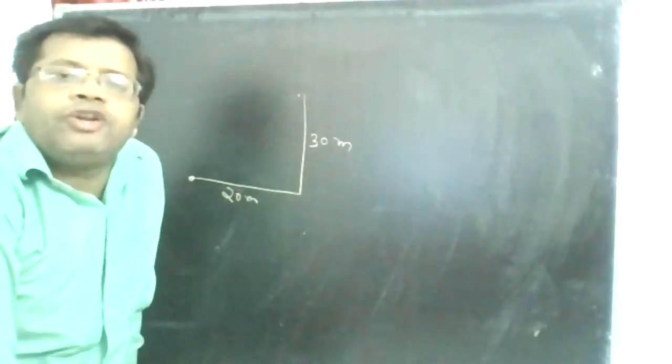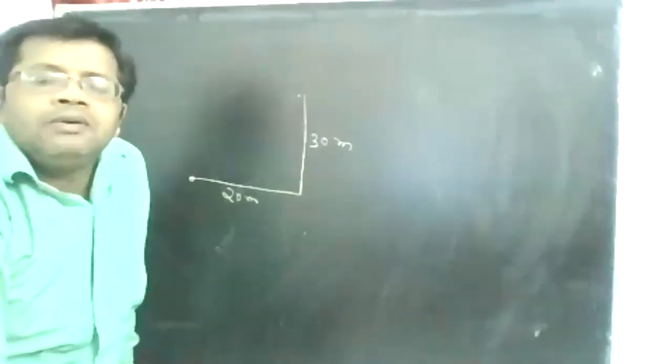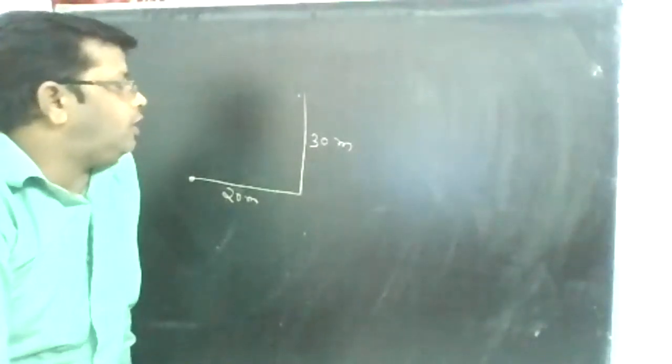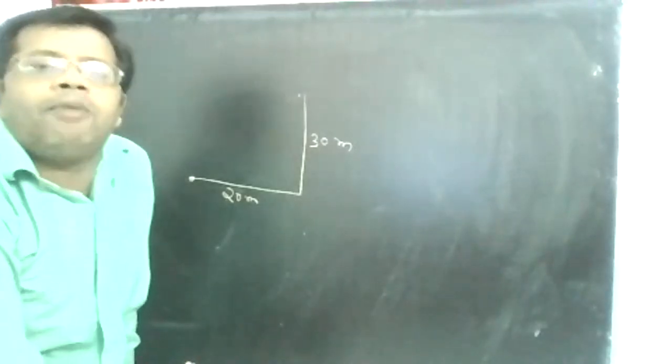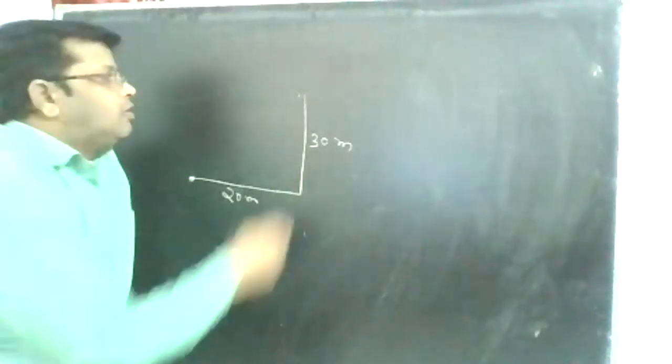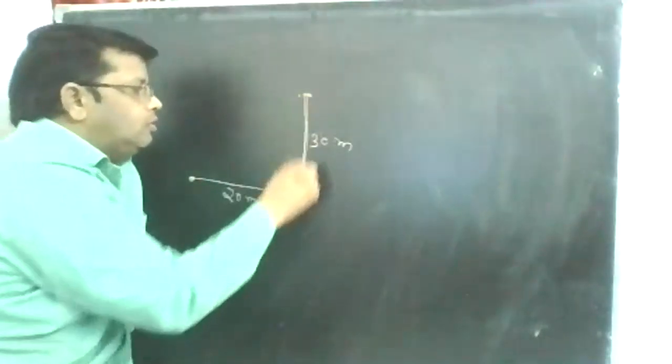With what velocity should you throw a ball so that it may just cross the pole?